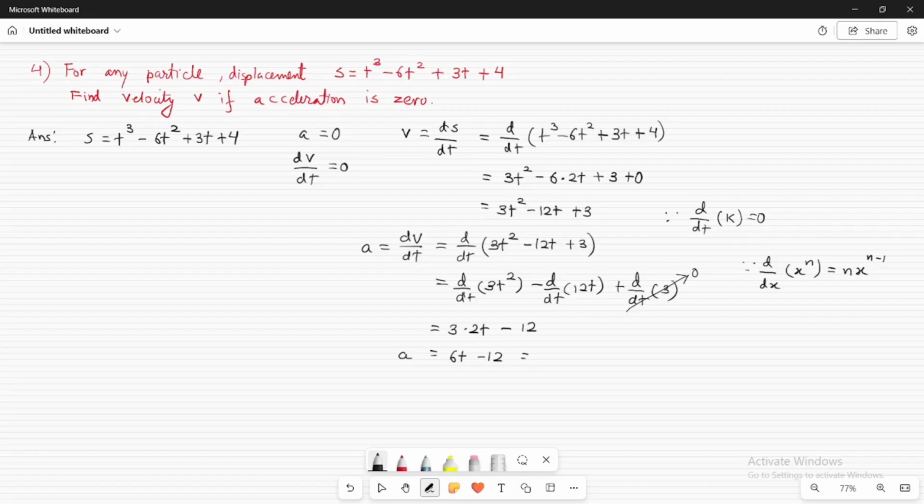Here it is mentioned that acceleration is 0. So 6t minus 12 equals 0. That is 6t equals 12, or t equals 2. Right? So at t equals 2 seconds, acceleration is 0.